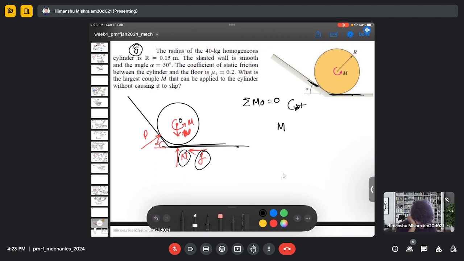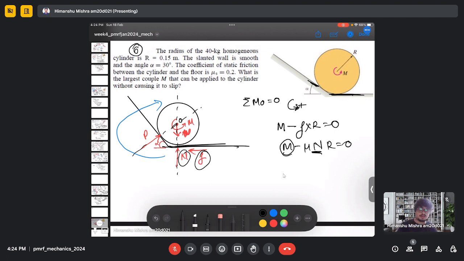This force will not create any moment because its line of action passes through the center, and so does this force. So only the friction force will create a moment, which is in an anti-clockwise direction, so it will be negative F, and the distance is the radius of the cylinder. So it will be M minus mu N r equal to 0. And in order to calculate this moment, we need to calculate the normal reaction.